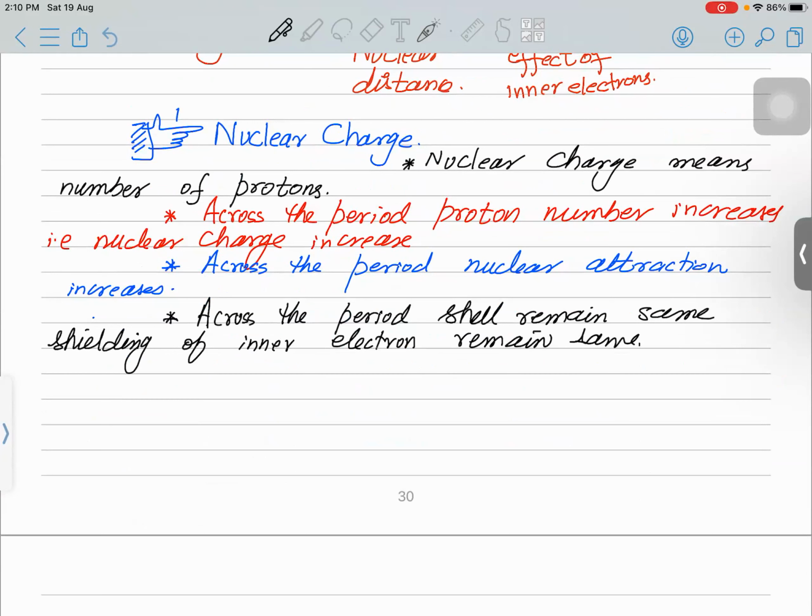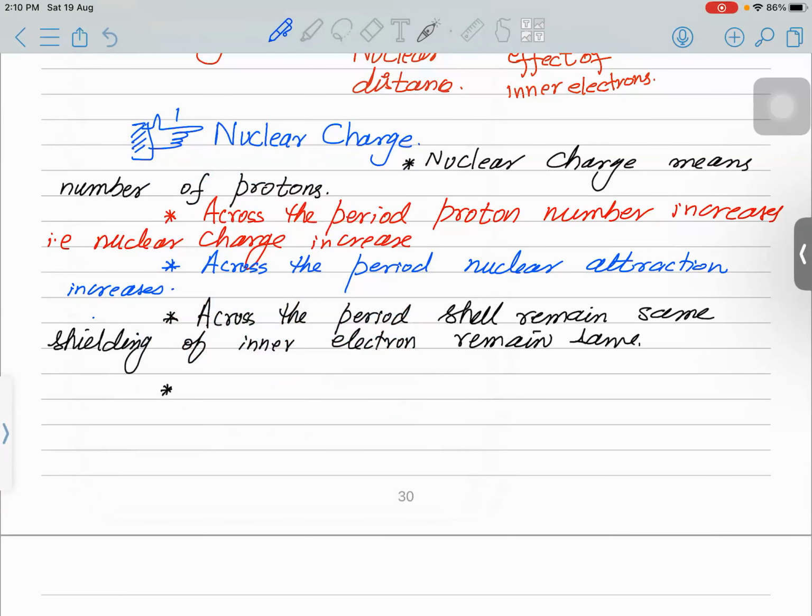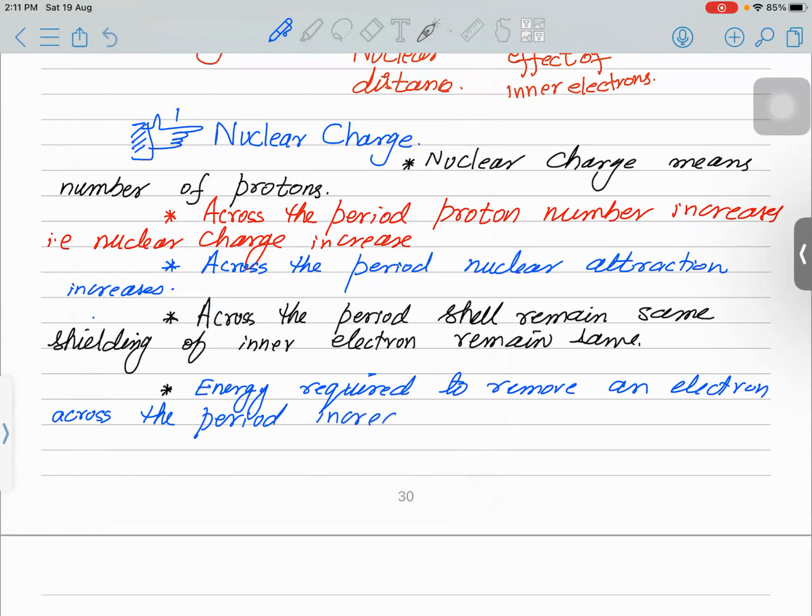Last point: across the period the shell remains the same and shielding of inner electrons remains the same, so the energy required to remove an electron across the period increases. Ionization energy also increases.